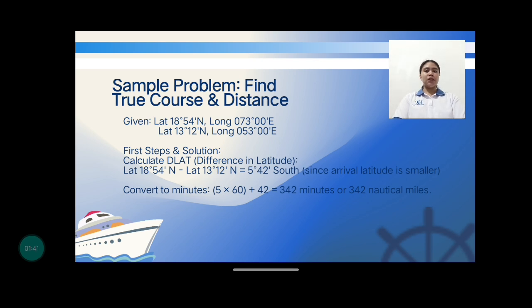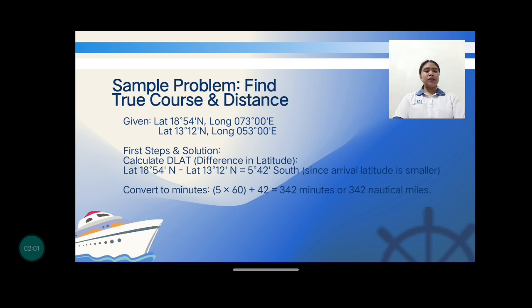So first step is we need to calculate the DLAT, which is the difference in latitude. So latitude 18 degrees 54 minutes north minus latitude 13 degrees 12 minutes north equals 5 degrees 42 minutes south.